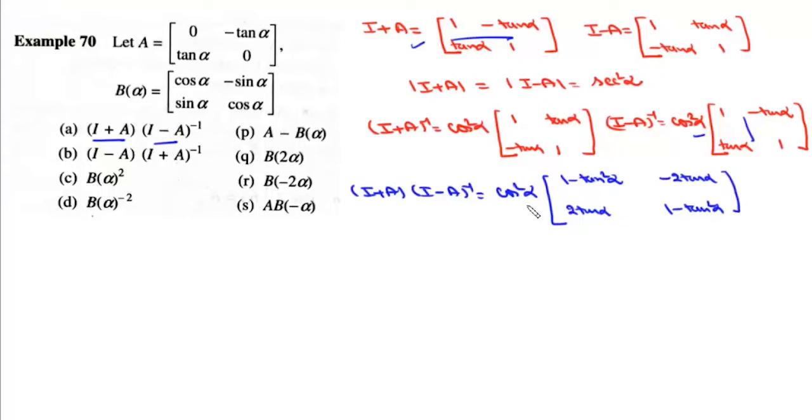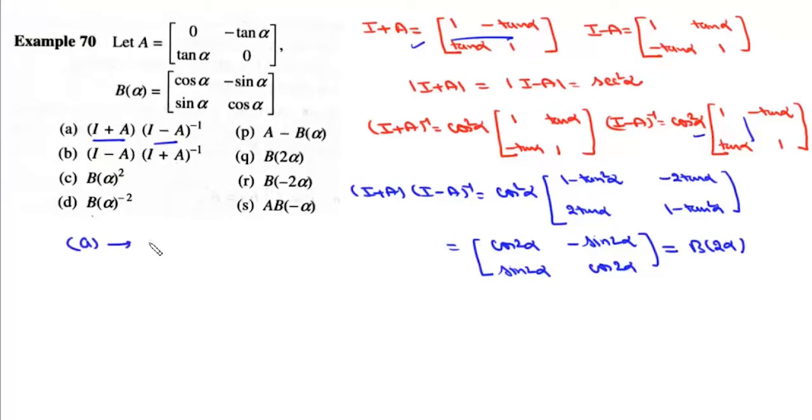Now we multiply cos square alpha here, it will be cos 2 alpha, minus sin 2 alpha, and cos 2 alpha, which is nothing but B 2 alpha. So this A matches with Q.